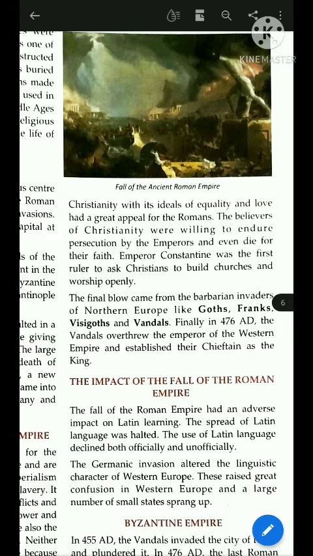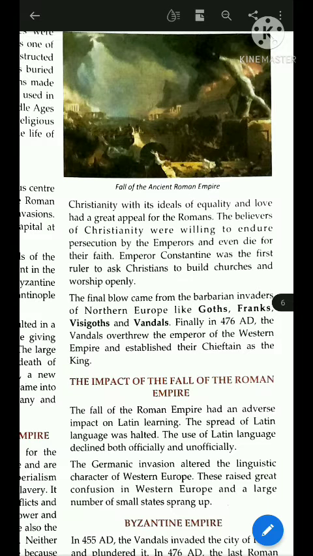Emperor Constantine was the first ruler to ask Christians to build churches and worship openly. He was the first ruler who gave permission to build churches and to worship Jesus Christ openly.